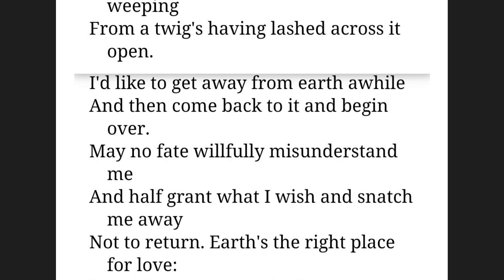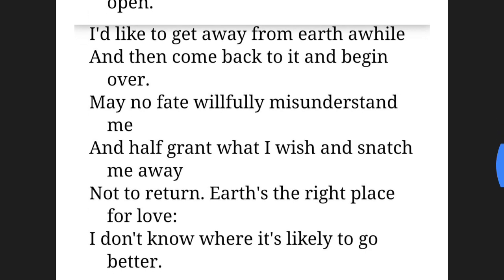May no fate wilfully misunderstand me, and half grant what I wish, and snatch me away not to return. He says, I wish no such fate comes to me in misunderstanding me what I mean to say. That is, I wish that my fate does not misunderstand me, does not grant only half my wish, that is to take me away from the earth.